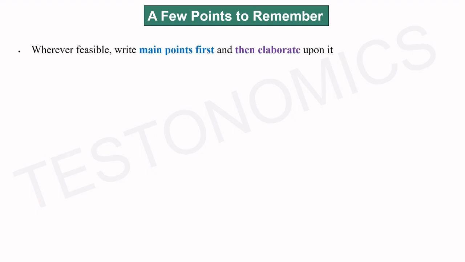So the first point is, try to mention the important points first and then elaborate upon them. For example, recall that in the micro descriptive test that we took, there was a question on the backward bending labor supply curve. To answer that question, one of the possible approaches is that you give the main points first. First you tell them that the labor faces a choice between working hours and leisure.